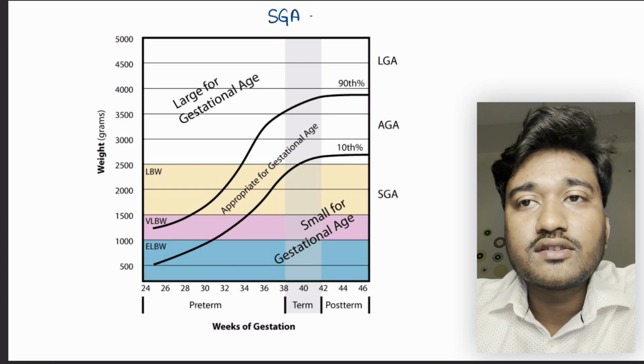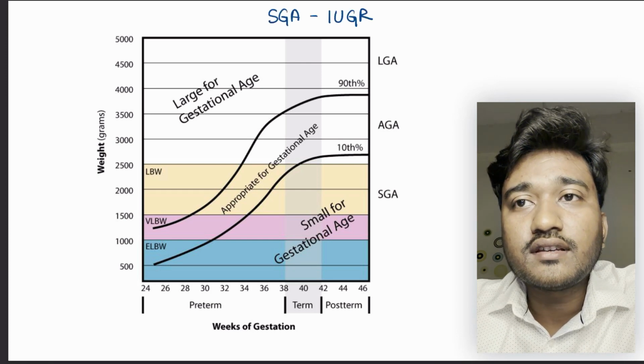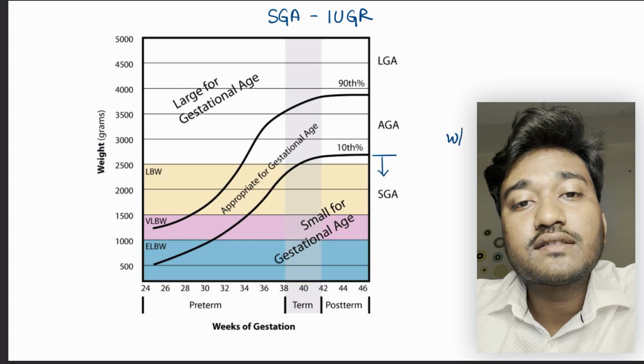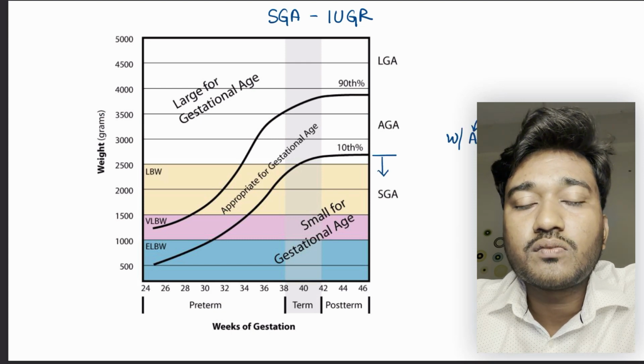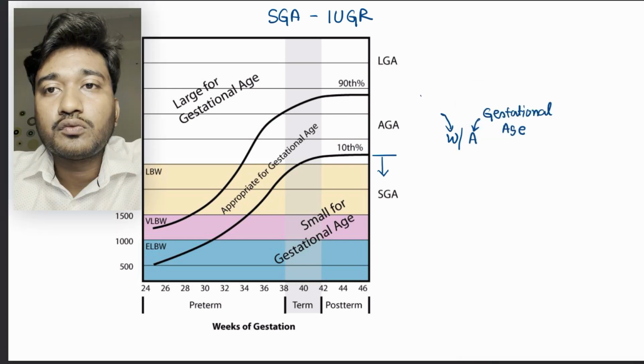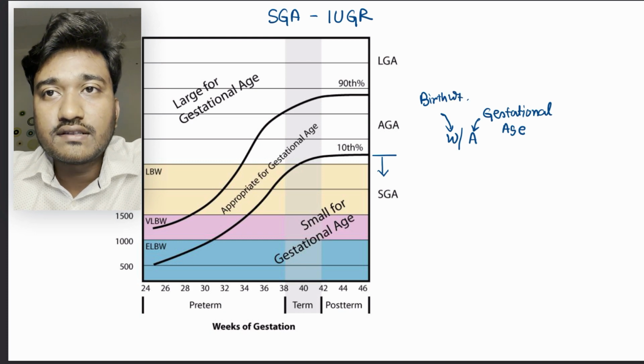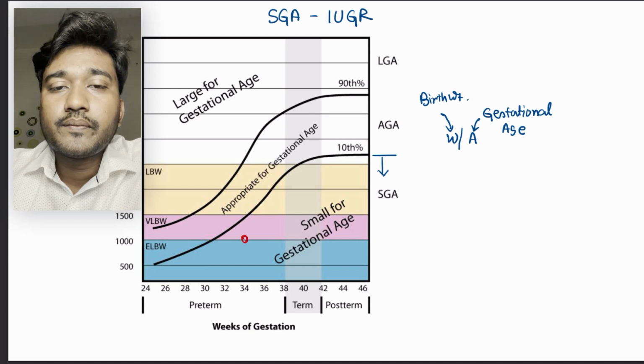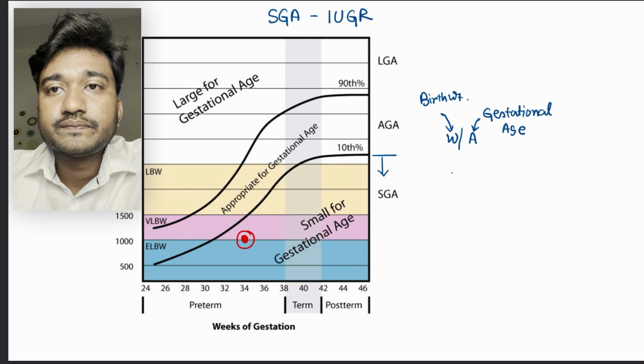Just another thing, what is small for gestational age we are discussing. Small for gestational age means, in the weight versus weeks of gestation curve, if it is less than 10th centile, we call it small for gestational age, or IUGR babies.